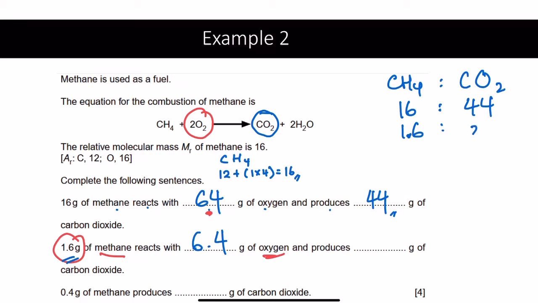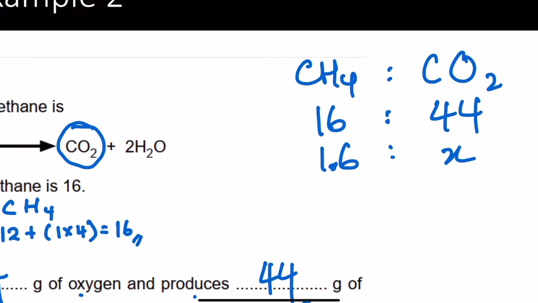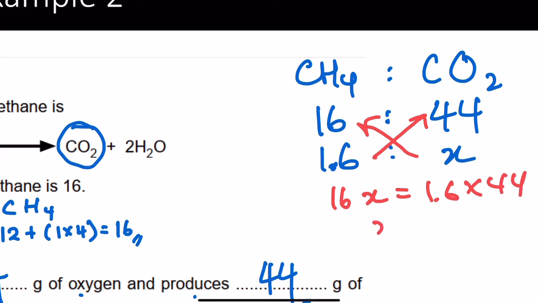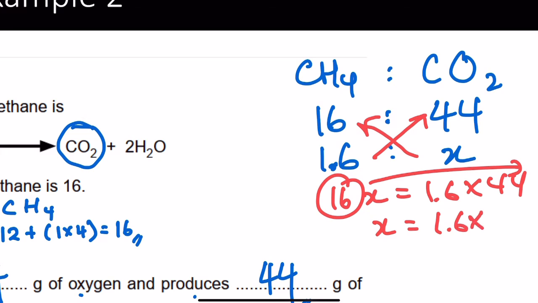So if we have 1.6 gram of methane, how much of carbon dioxide will be produced? So we put an X, an unknown. Then also you cross multiply. So do the working. 16x is equal to 1.6 times 44. Then the 16 will bring to other side, become division. 1.6 times 44 divide with 16.